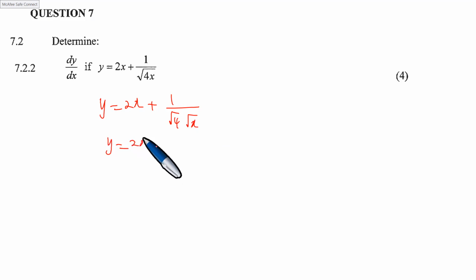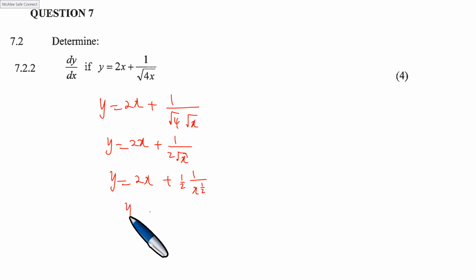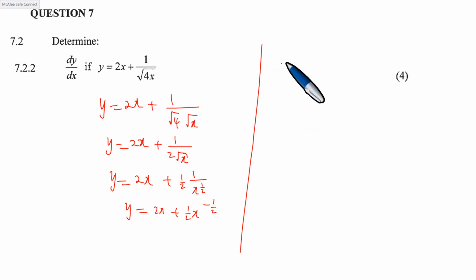So this is 2x. The square root of 4 is 2, then the square root of x. So this is actually 2x, and then you have 1/2. You can write that one like this. And this is 1/2, the x to minus 1/2. Good.